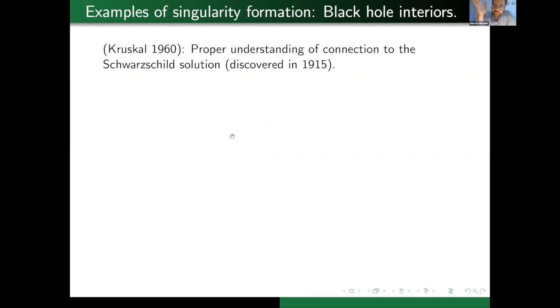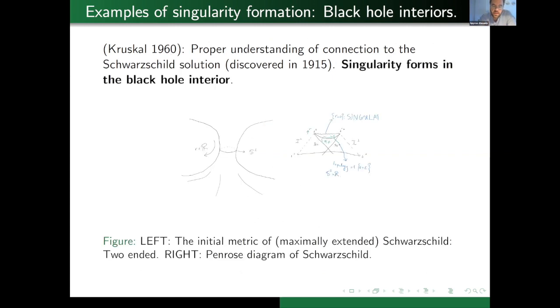Now, this was the first example. I want to link it now with other examples that have since been understood. The first is discovered by Kruskal, or the correct thing to say is he gave a proper understanding of the Schwarzschild solution and its relation with the Oppenheimer-Snyder. So let me start with the Schwarzschild solution as constructed by Kruskal.